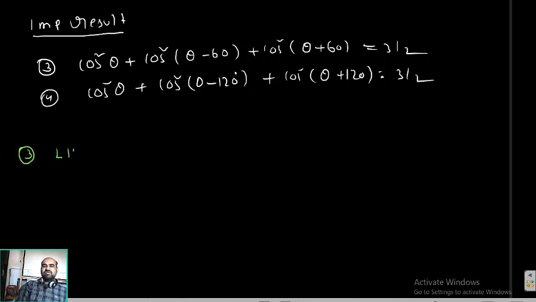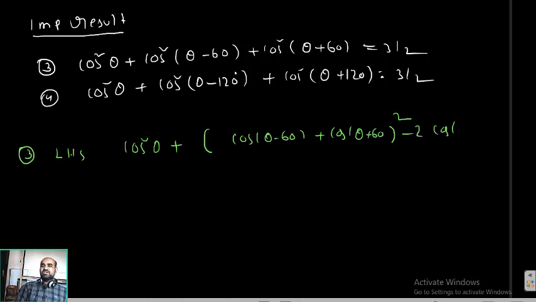For that LHS I want to write cos square theta plus cos of theta plus 60 plus cos of theta minus 60, minus 2 cos of 60 plus theta into cos of theta minus 60. Not a big issue because cos of minus theta is cos theta only.